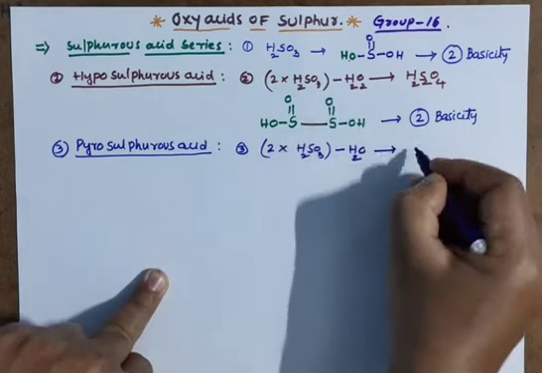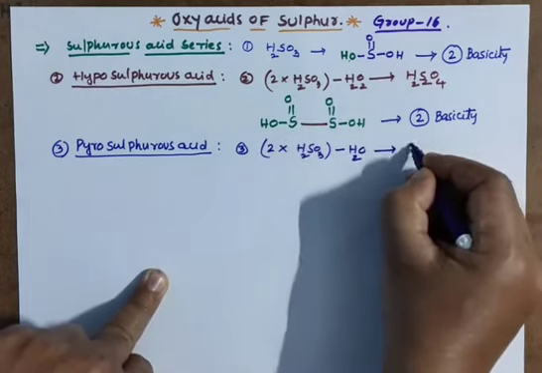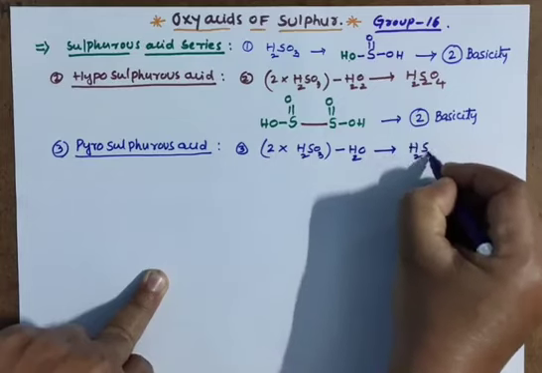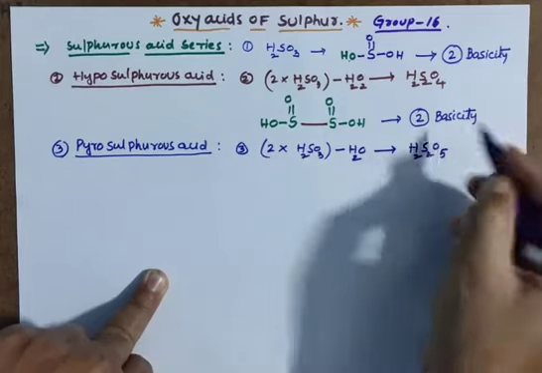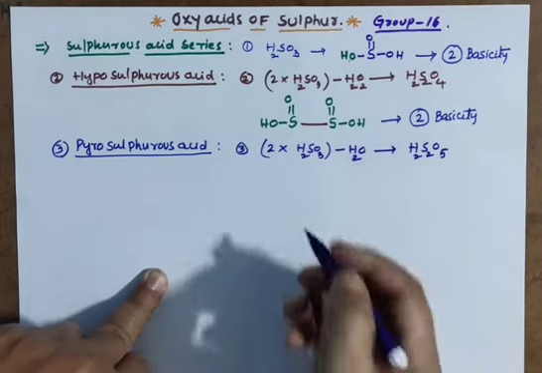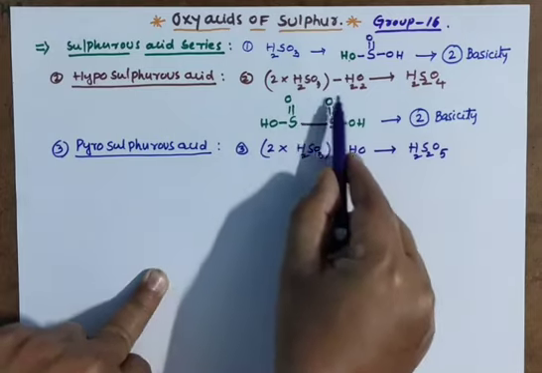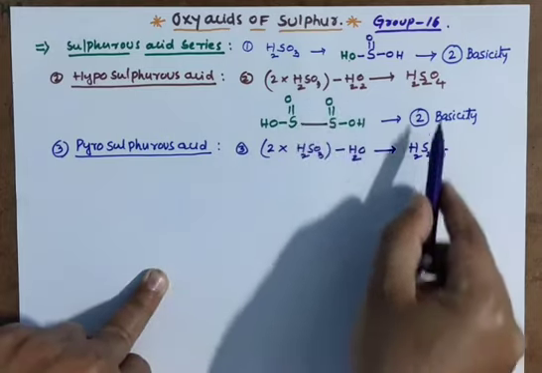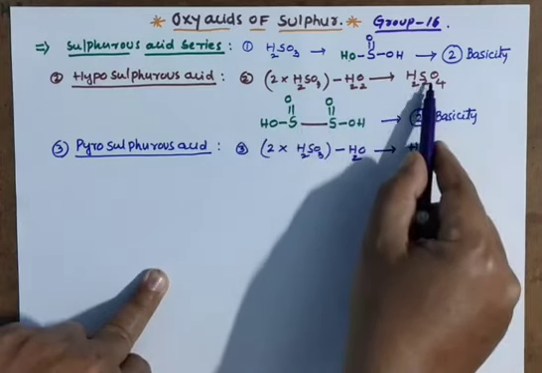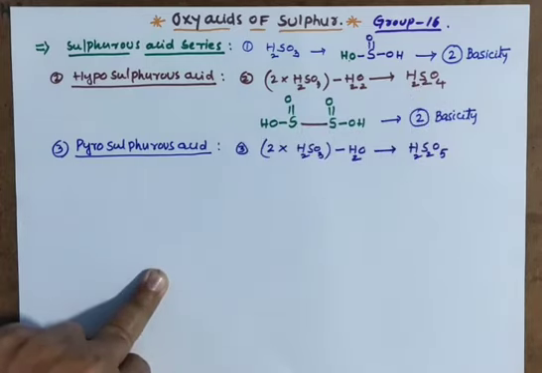If you do that, you get pyrosulfurous acid, H2S2O5. One oxygen is more. Or you can take hyposulfurous acid plus one oxygen, and you get pyrosulfurous acid.